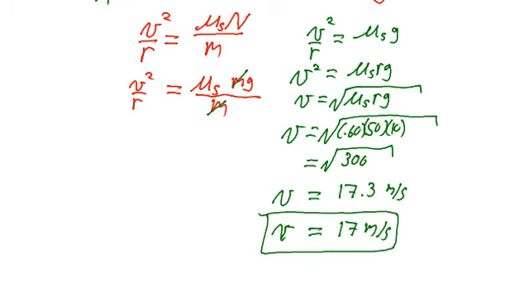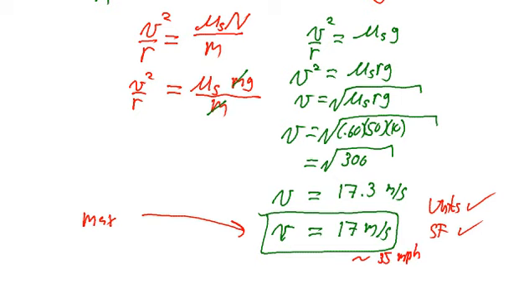I'll double check that I have my units and my significant figures. And so what we found was the maximum speed of this car going around the corner, 17 meters per second, which is around 35 miles per hour, because there's approximately 2 miles per hour in every meter per second.